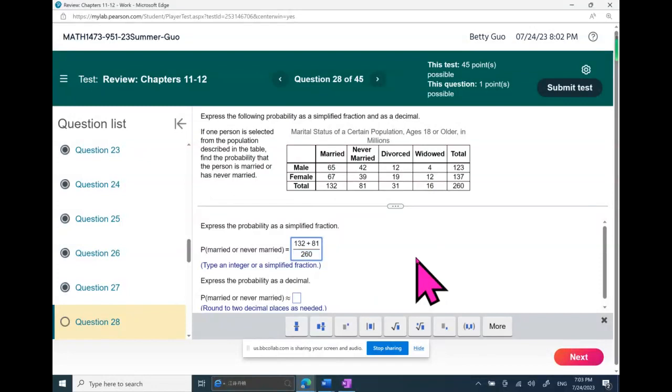Let's simplify. 132 plus 81, divided by 260. And we simplify. We have 213 over 260.